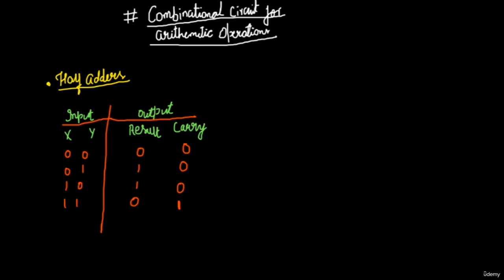So okay, now let's see what we're going to write in the logical way. For the result, I'm going to write something like this: x dash y plus y dash x.